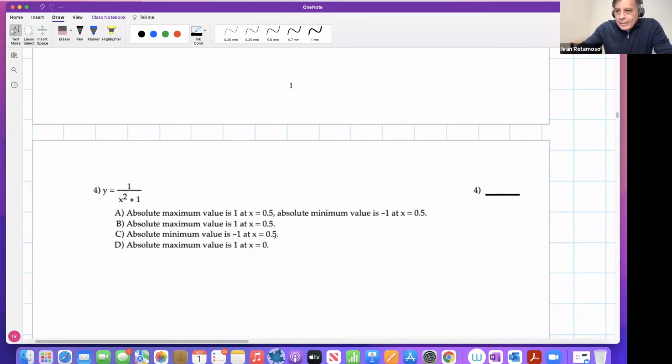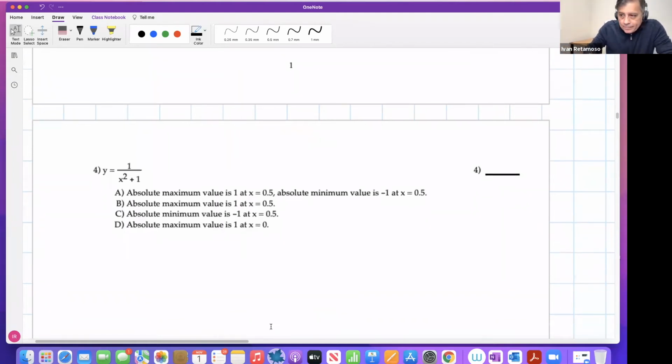Let me show you this and I will ask you to do another one. If they give you something like this, then you should follow the method. First you have to start by taking the derivative. But before doing that, I'm going to rewrite my function as follows: x squared plus 1 raised to minus 1.